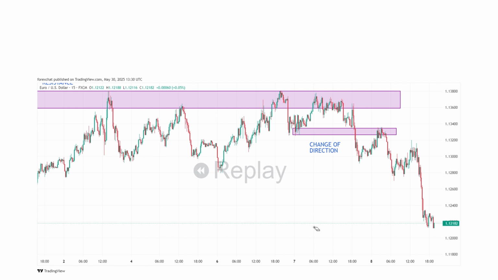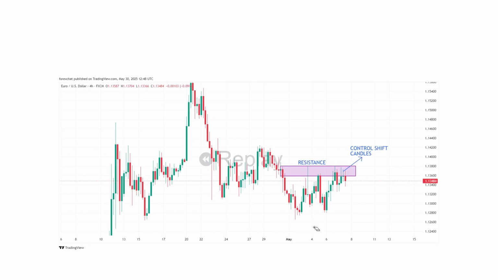Now this is what we do. I need you guys to make a combination of all the things that we talked about. This is how all of that can make sense to you. Do you see the way price is here? It's making lower lows and lower highs.